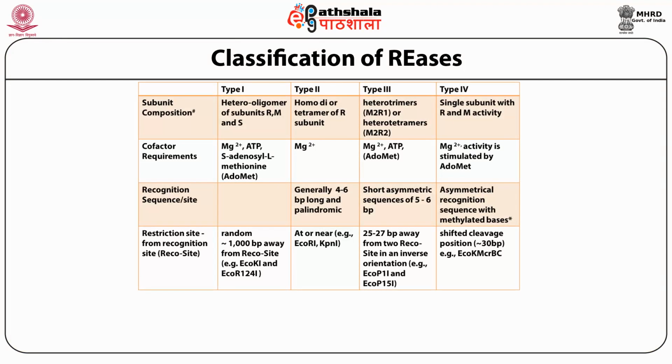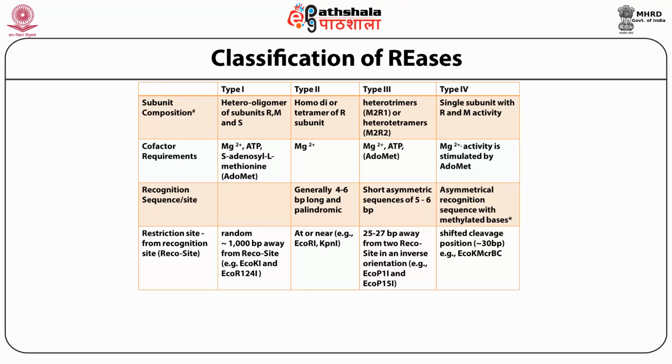Classification of restriction endonucleases. They are generally classified into four different types, as you see in the table shown, based upon the subunit composition, cofactor requirement, recognition sequence site, and restriction site.